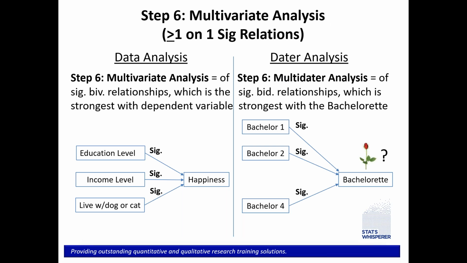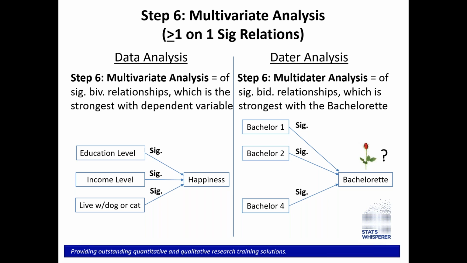So step 6, the multivariate analysis. So we have more than one predictor, and that's a relationship with one dependent variable. We could see here that they're all significant relationships.